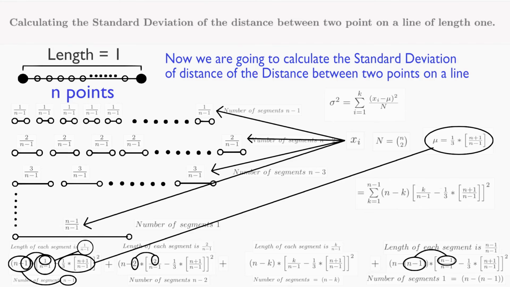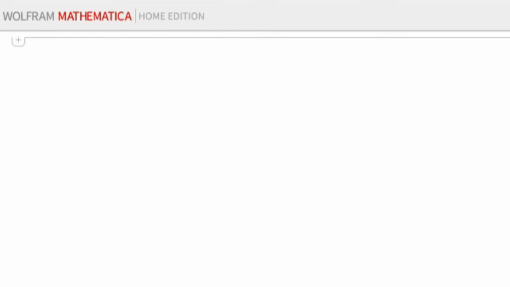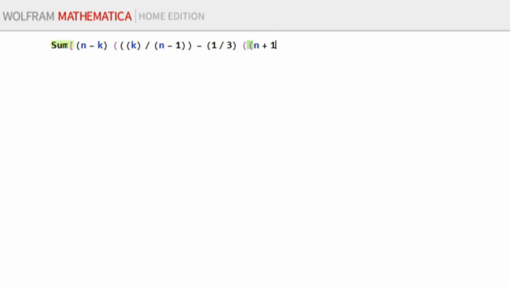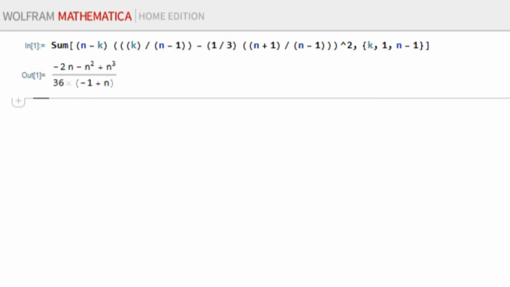But we can actually solve this, and to do this I'm actually just going to go to Mathematica and plug it in and see what it spits out. But we could actually do this by hand if we were really motivated. We would just have to FOIL out everything and then group everything in terms of k, we should have something k cubed, plus something k squared, plus something k, plus a constant.